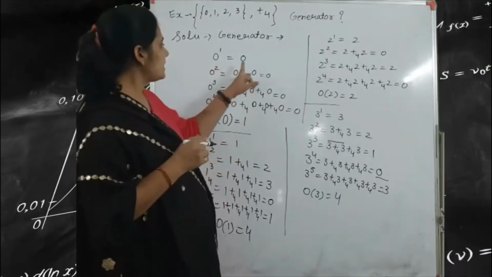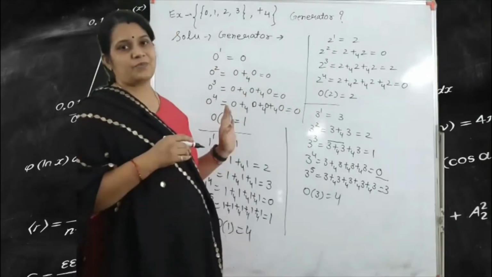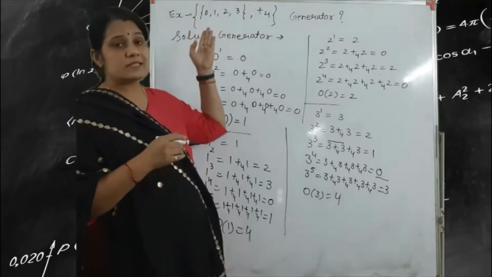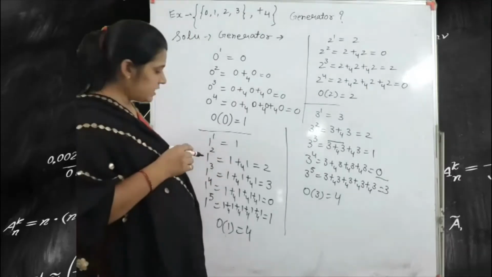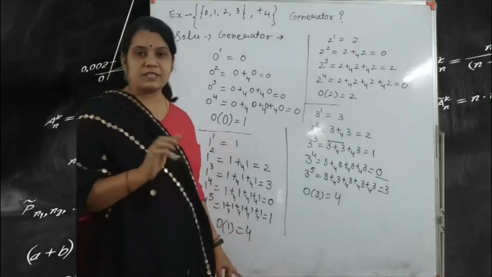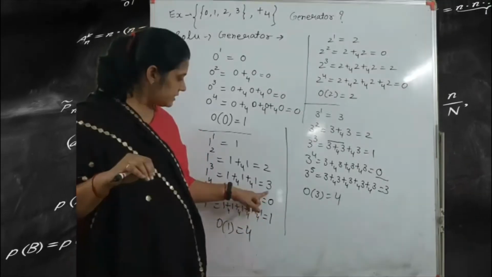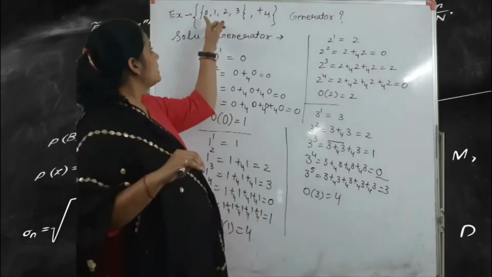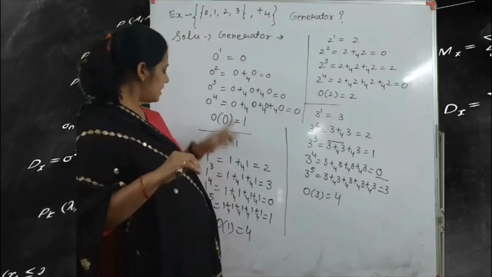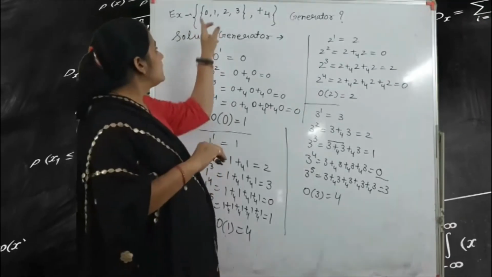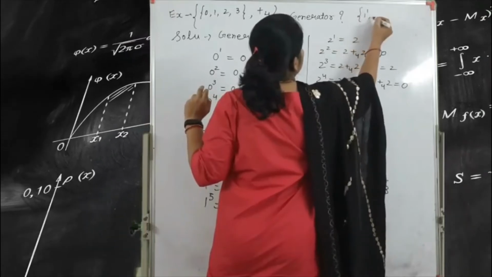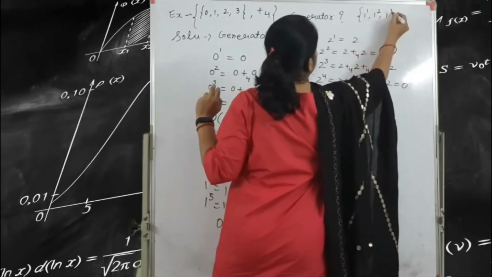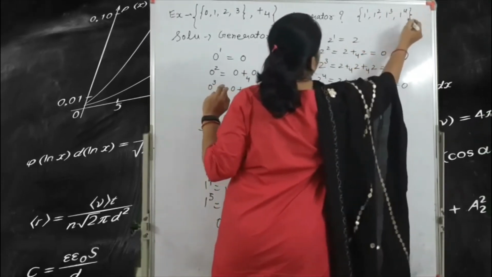So check which element is a generator. Here we get only 0, so 0 is not a generator. In case we consider 1, the order of 1 is equal to 4, and here we get 0, 1, 2, 3. That means this set we write as 1 raised to the power 1, 1 raised to the power 2, 1 raised to the power 3, and 1 raised to the power 4.